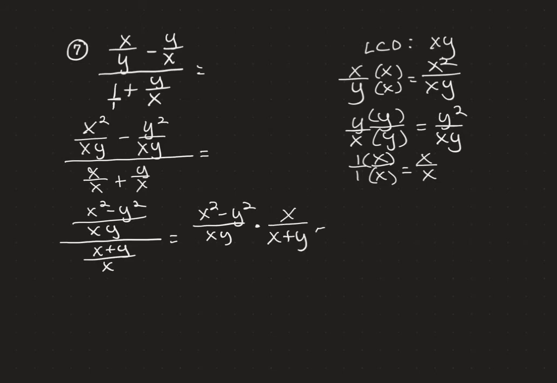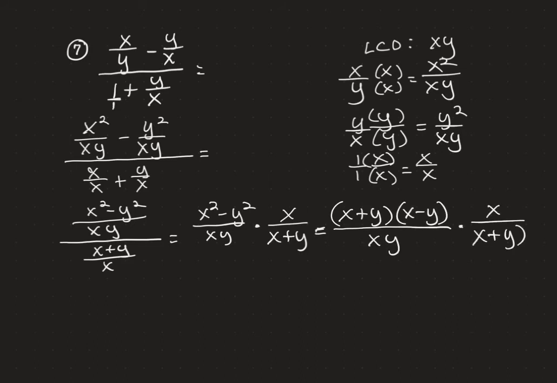I'm going to multiply by the reciprocal of our divisor. But now I have something in the numerator of my dividend that can be factored, so I have to do that. x plus y times x minus y is what that factors into. And I have xy, multiplying that by x over x plus y, remembering there are grouping symbols because everything there is in the denominator. x plus y is one term.